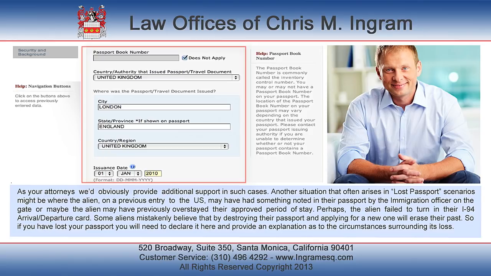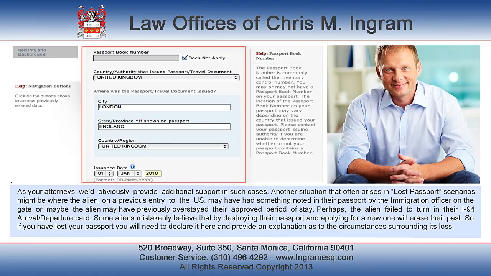Another situation that often arises in a lost passport situation might be where the alien on a previous entry to the US may have had something noted in their passport by the immigration officer at the gate, or maybe the alien may have previously overstayed their approved period of stay. Perhaps the alien failed to turn in their I-94 arrival departure card.